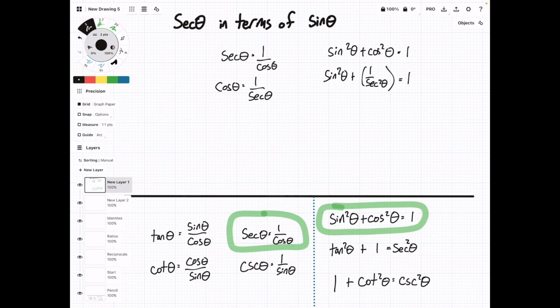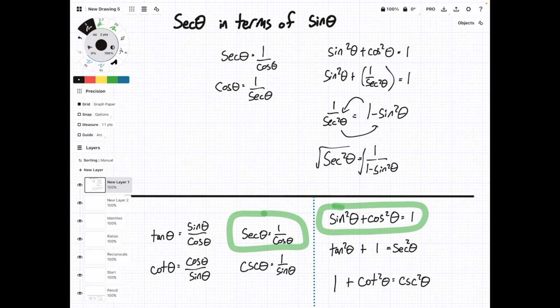Okay, so now we want to solve for secant. So we're going to subtract the sine across. We're going to be left with 1 over secant squared theta on the left equals 1 minus sine squared theta on the right. Then we're going to multiply this here and divide this. So we're doing a little bit of movement around, but what we have left is secant squared theta equals 1 over 1 minus sine squared theta.